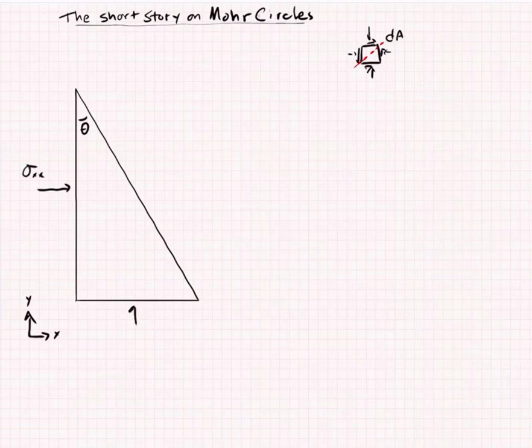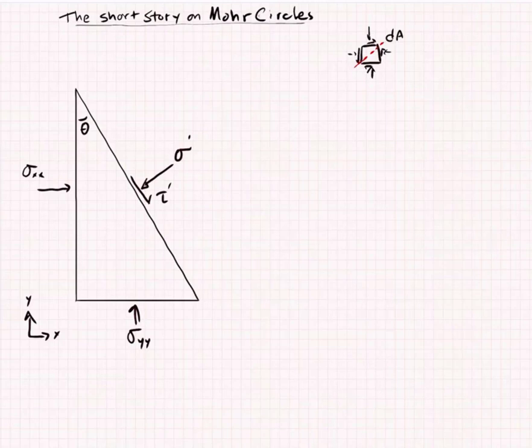Well, this time we're going to do the same thing, except that instead of looking at the x and y components of the reaction stress, I'm going to look at the components acting in the normal and shear direction on that cut surface at some angle theta. And I'm going to call these sigma prime and tau prime. So we're going to try to solve for those.